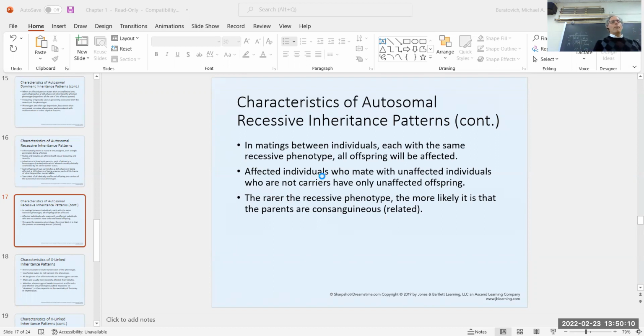And if you happen to marry someone to whom you're closely related, which happens in some communities unintentionally, you start to see a higher trend towards certain types of rare genetic diseases.